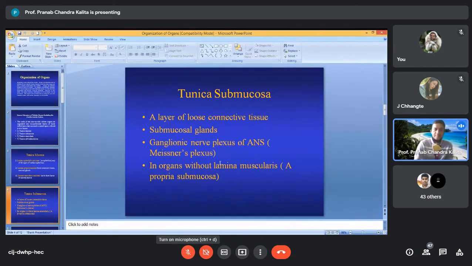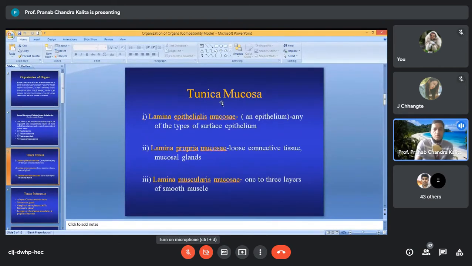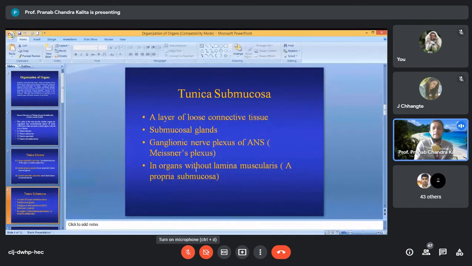Again, what happens in some organs? The third layer of the Tunica mucosa, that is lamina muscularis mucosa, may be absent in some organs.